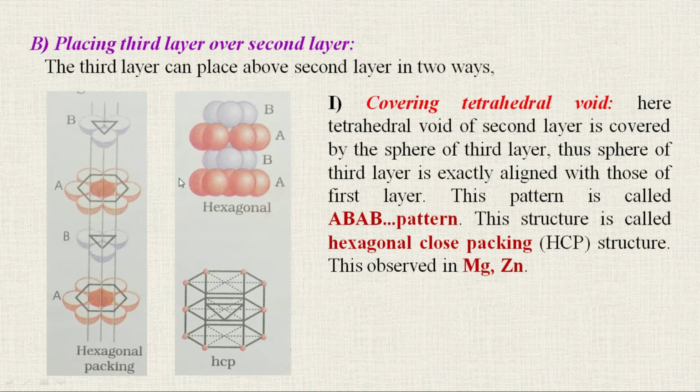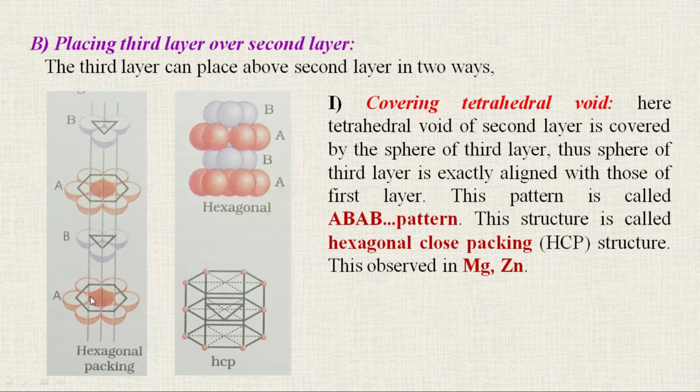If a sphere of the third layer is covering a tetrahedral void, then the third layer is similar to the first layer. Further, the fourth layer is similar to the second layer. So we get an AB pattern, as we can observe here.